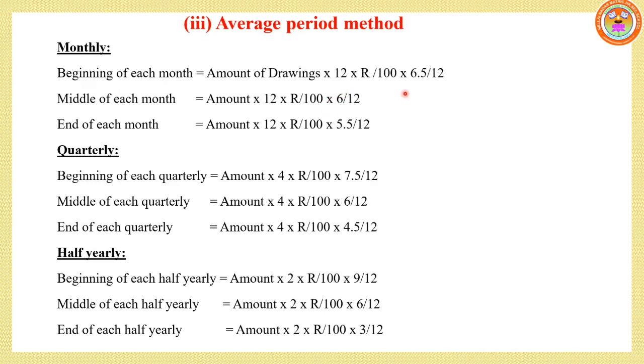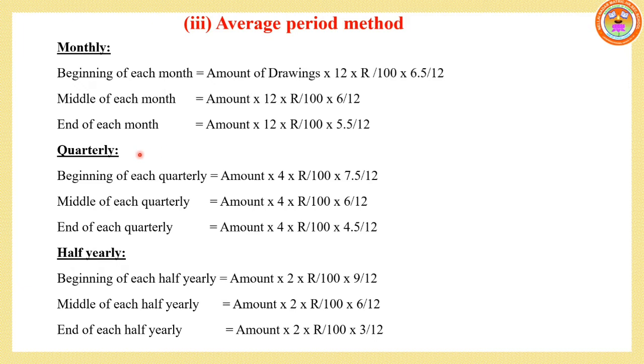Only the average period differs. Beginning of each month, 6.5 by 12. Middle of each month, 6 by 12. End of each month, 5.5 by 12. So 0.5 is reducing.